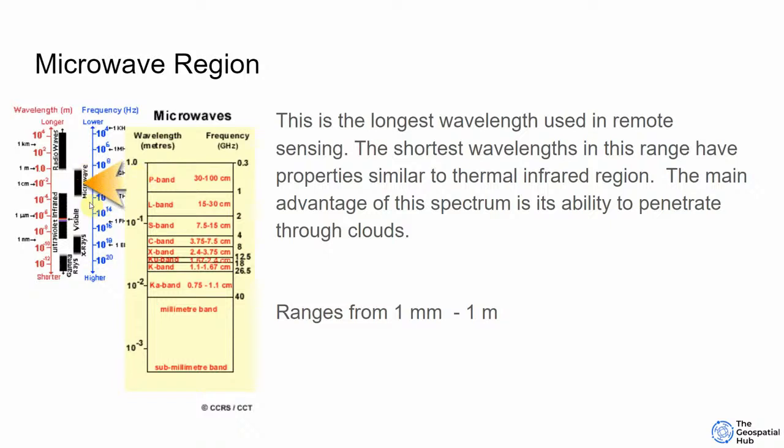The point is that the shorter wavelengths in the microwave portion behave similarly to the thermal portion of the electromagnetic spectrum, that's the far infrared.